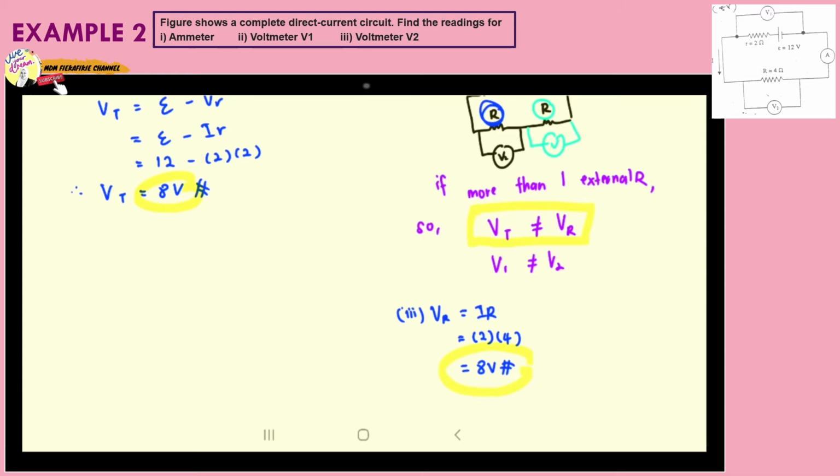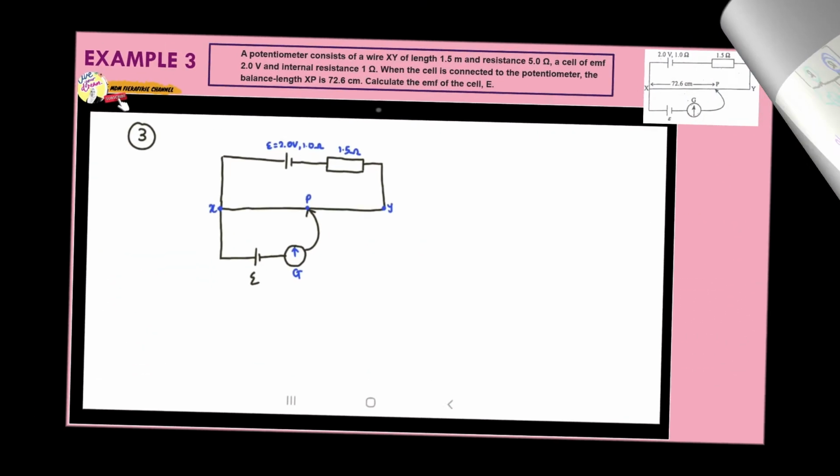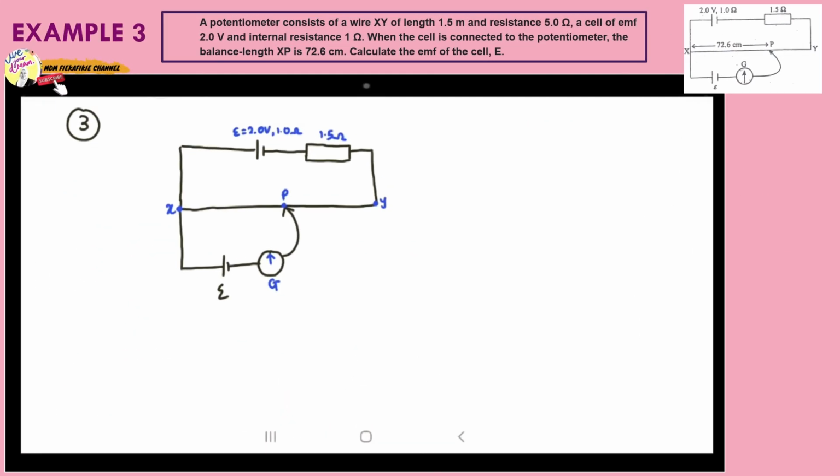Let's proceed to example number 3. This is about a potentiometer, and this potentiometer consists of wire XY. The length of wire XY is given as 1.5 meter, and the resistance of this wire from X to Y is given as 5 ohm.